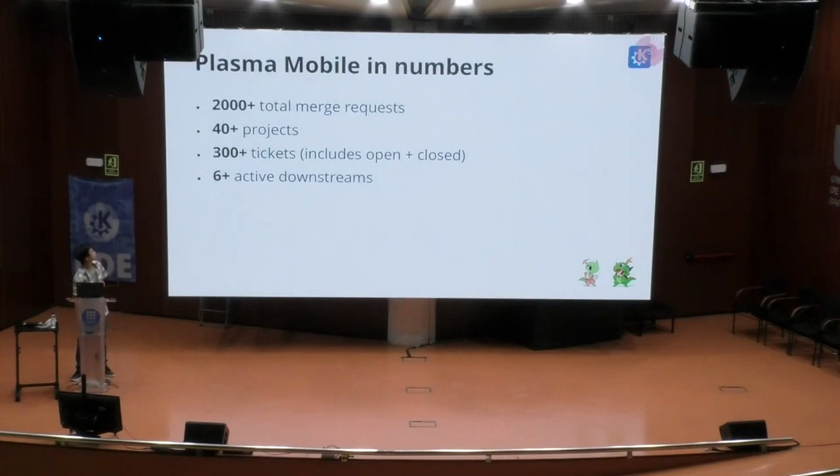Okay, Bhushan. Yeah, hi. Just to talk about numbers, after getting introduced in the KDE community, and this does not include the numbers from Phabricator, right now we have a total of 2,000 plus merge requests spanning just Plasma Mobile, not including the rest of KDE like Plasma core, Frameworks and other projects.